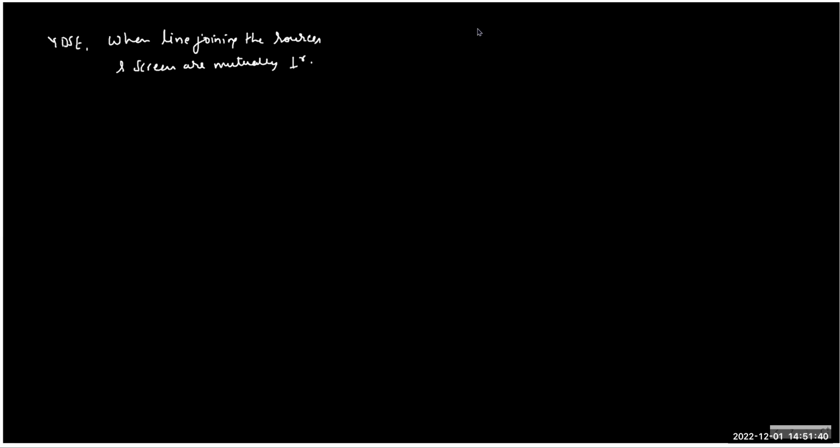So how will it look? So now the source is like this, S1, S2. And your screen is here. So to reach O, what is the path difference?